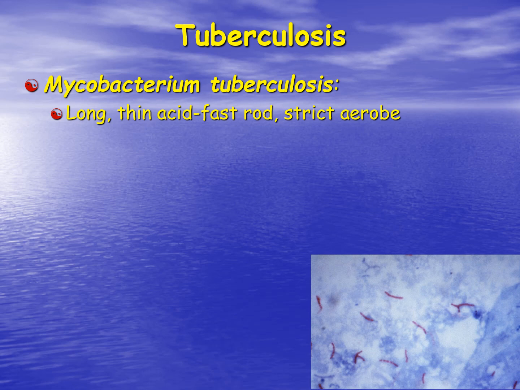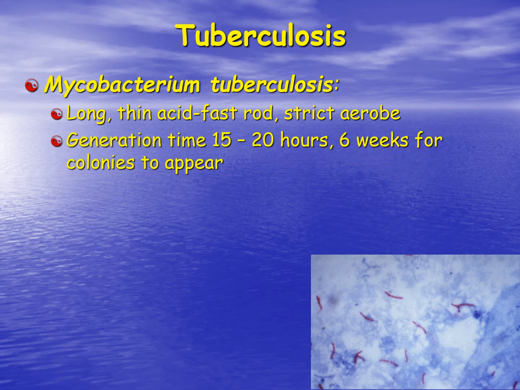It is a strict aerobe. So if I'm thinking that my patient could have TB, I would probably request an acid-fast stain on the sputum. If I see the red organisms that take up the carbol fuchsin stain of the acid-fast bacterium, I pretty much already have my diagnosis.